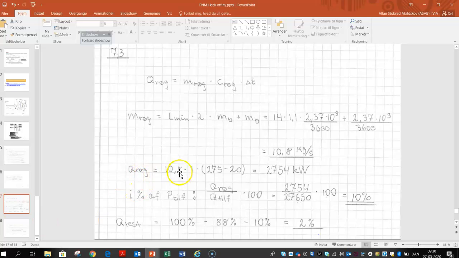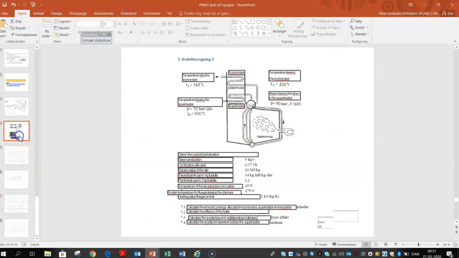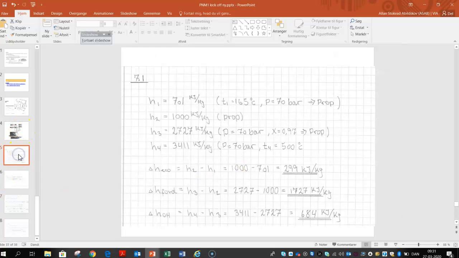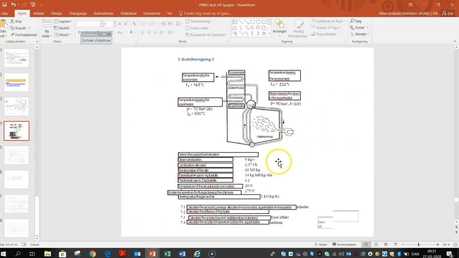Well, the smoke, that was actually quite easy. We have the mass per second of smoke, and we have the specific heat capacity for smoke, the same as right there. Then we have the smoke temperature minus 20. The 20 comes from the air we put into the combustion being 20 degrees, therefore it's minus.